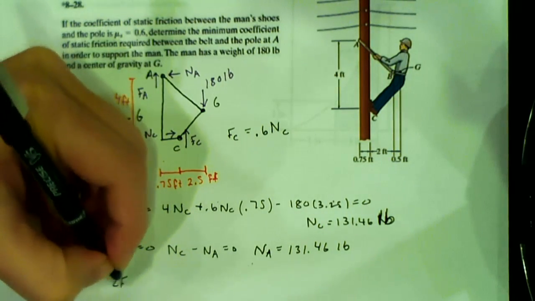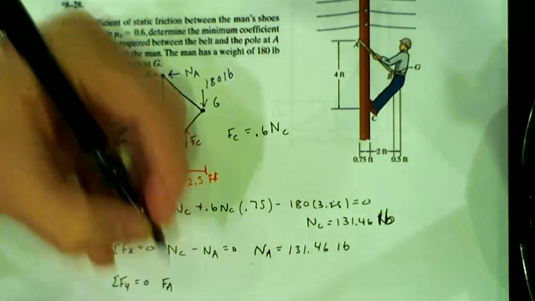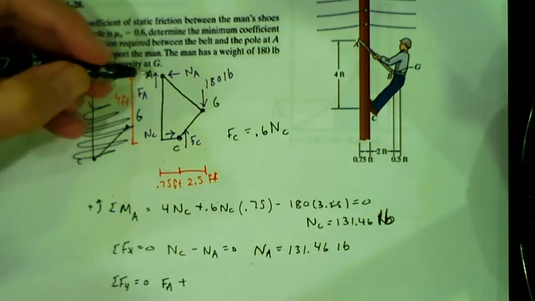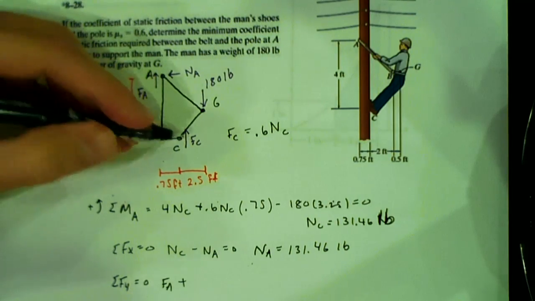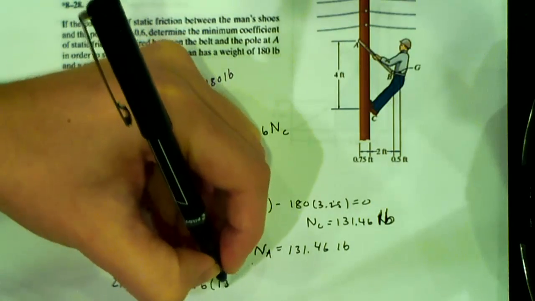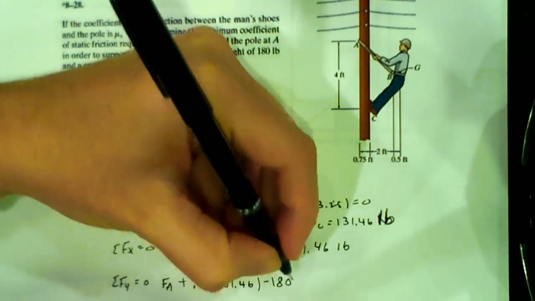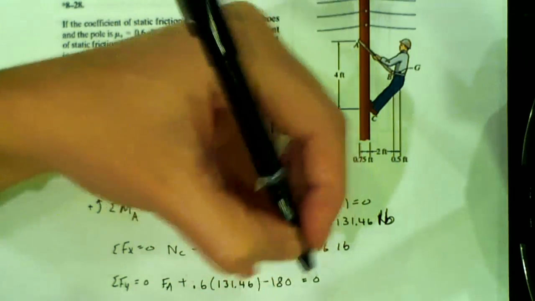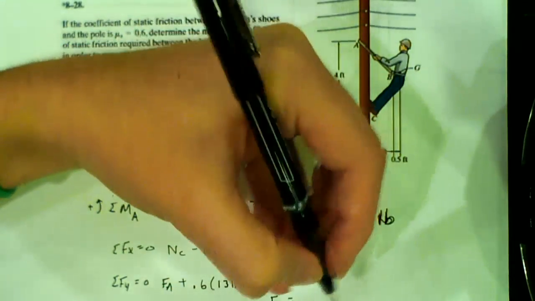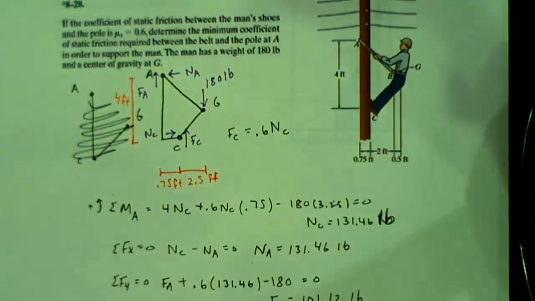Now I can do sum of forces in Y. So I can say that FA plus the friction at C, which was our 0.6 times NC, which was 131.46, and then minus 180 equals 0, so FA is equal to 101.12 pounds. That's the frictional force required to keep him up, but we're asked for the coefficient of friction at that point.